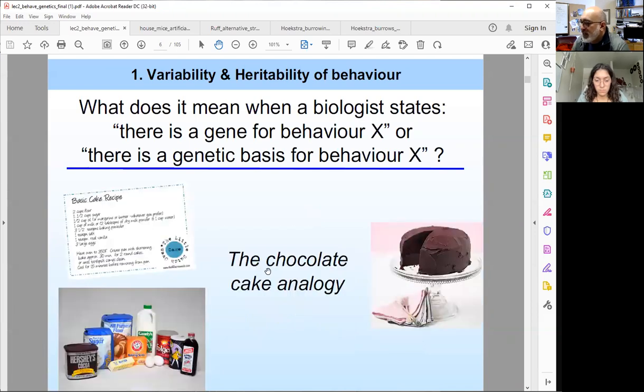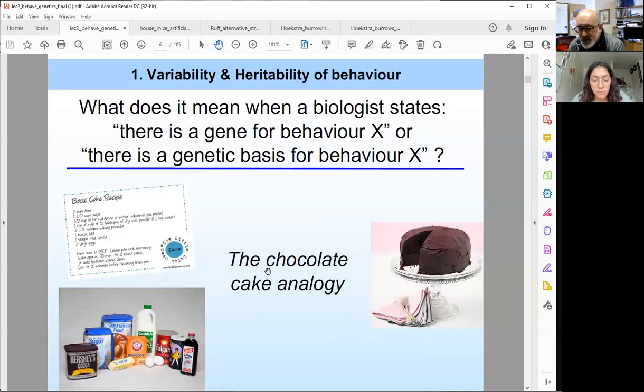And so basically there's this chocolate cake analogy. The idea here is that there are lots and lots of ingredients that go into making a chocolate cake, right? You can consider each of those ingredients like a gene, right? So multiple genes go into the cake.